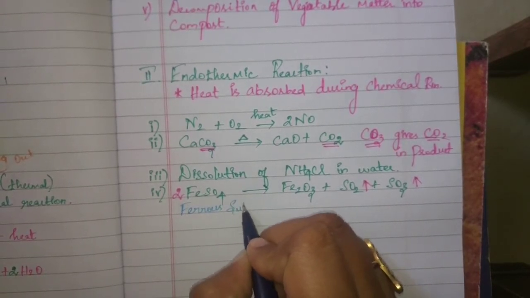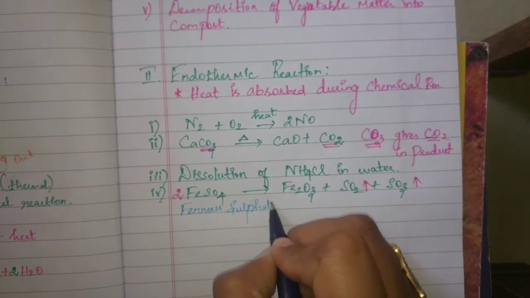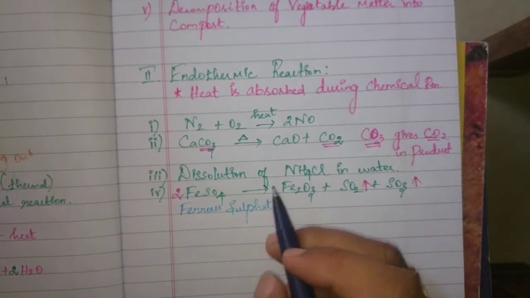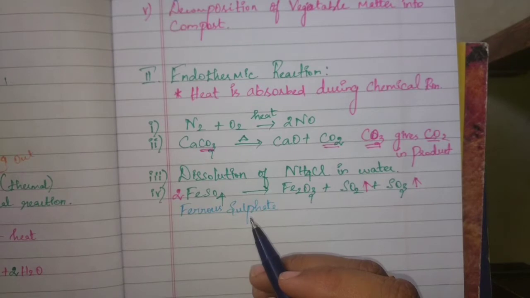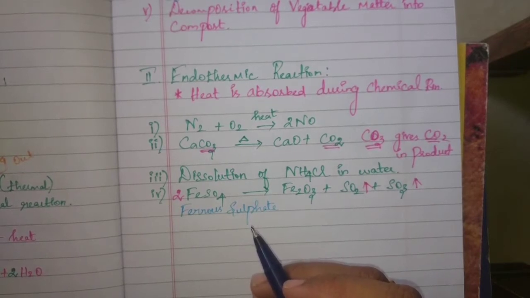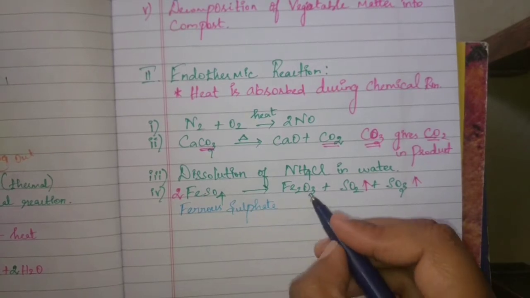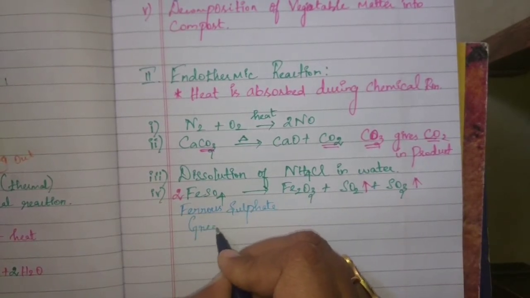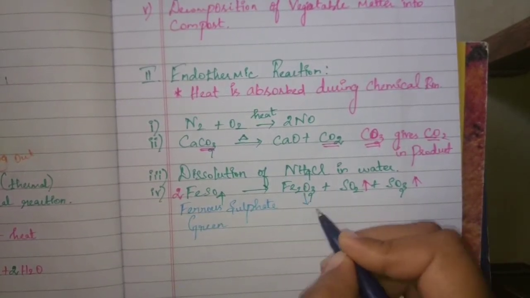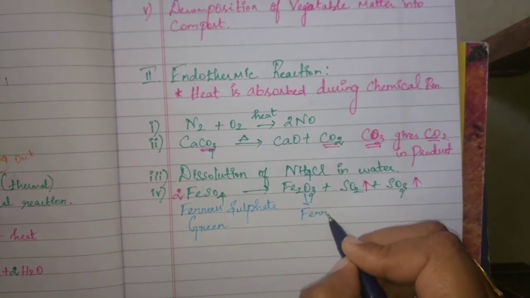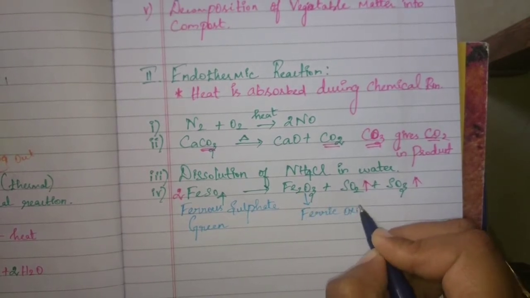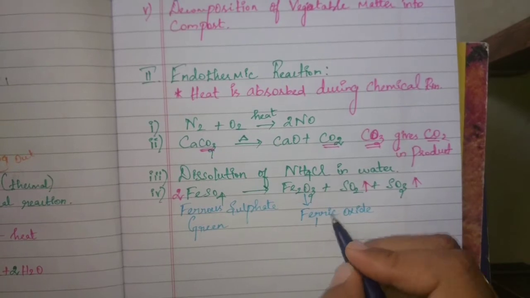Otherwise you will forget. So practice it. Whenever you are writing the chemical equation, nearby write down the name of the compound. This is ferrous sulfate, which is green in color. Next, this is ferric oxide, which is reddish brown in color.